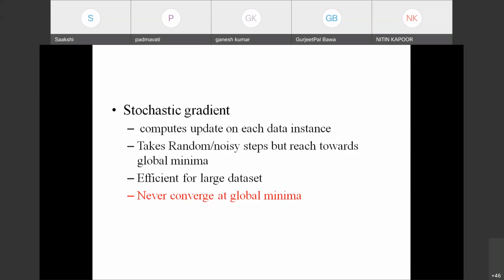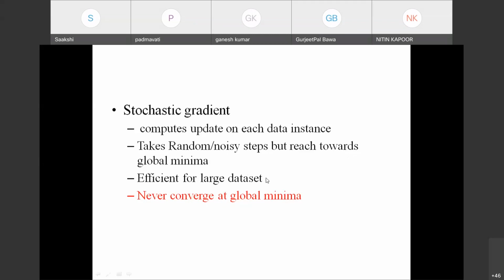But again, I may have some other data point, and for the second data point, instead of moving in the same direction as the previous one, this time the update may take place in a different direction. So it takes random and noisy steps, but it reaches towards the global minima.